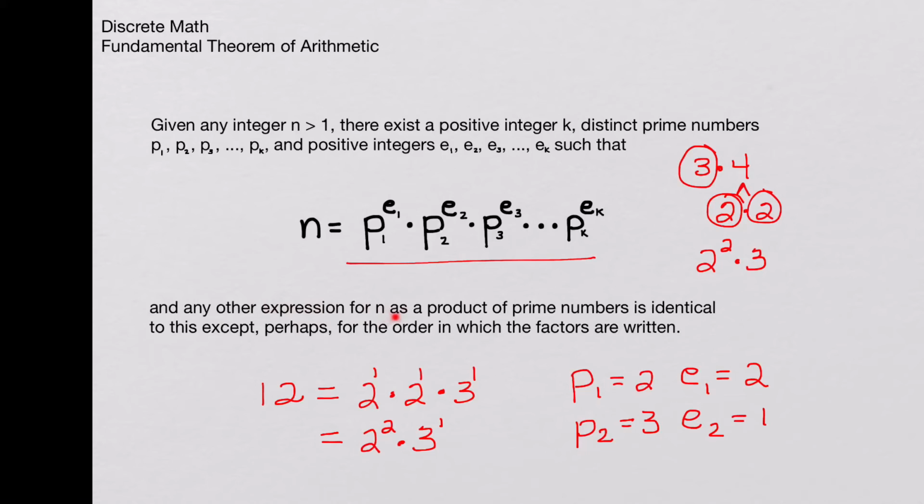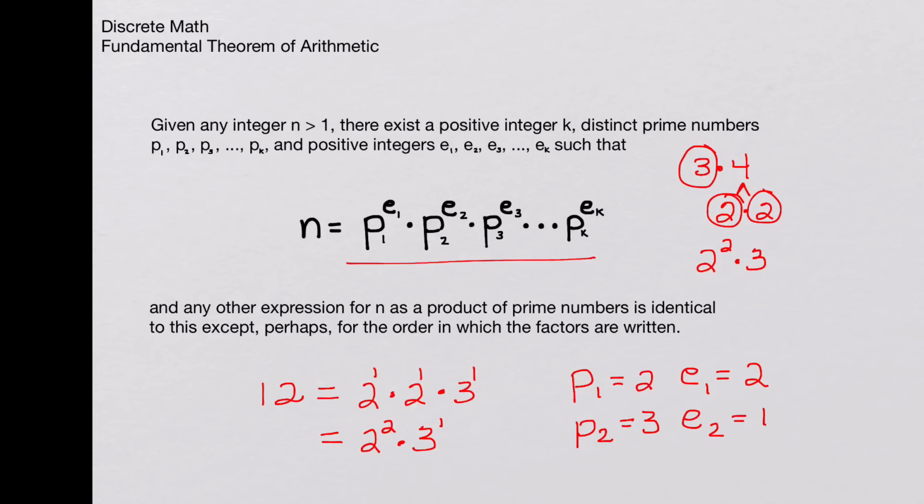Any other expression for n as a product of prime numbers is identical to this, exactly the same, except perhaps for the order in which the factors are written. So, you want to write 3 times 2 squared? Go right ahead. Totally fine. You still have the same thing as anyone else who did this problem, except for, perhaps, the order in which the factors are written.